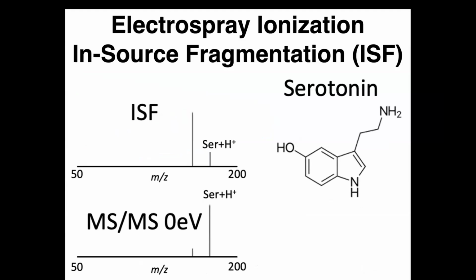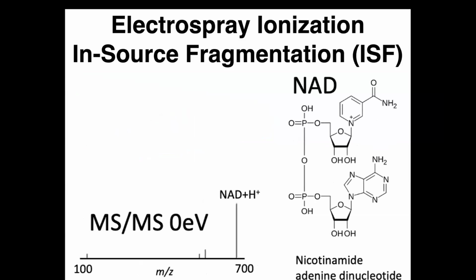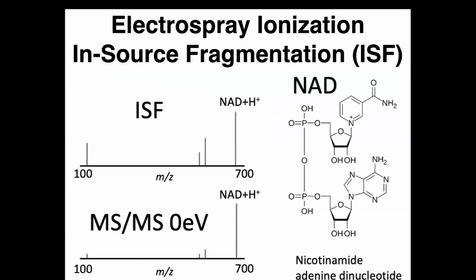In fact, the reality is in-source fragmentation generates a little bit more energetic fragmentation than we typically see at 0 electron volts MSMS. So you can see in each of these examples, there's more in-source fragmentation than there is MSMS data at 0 electron volts.